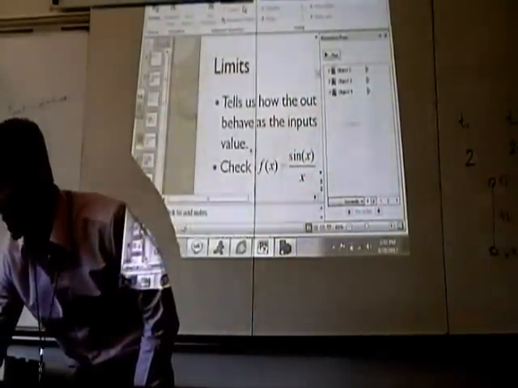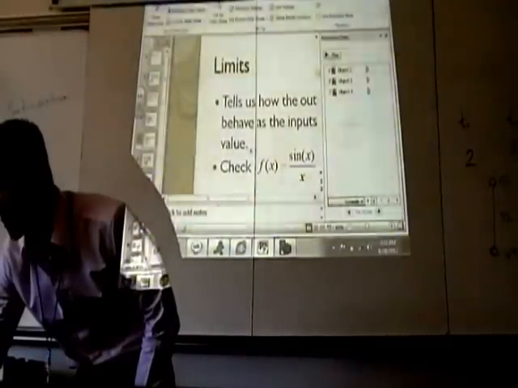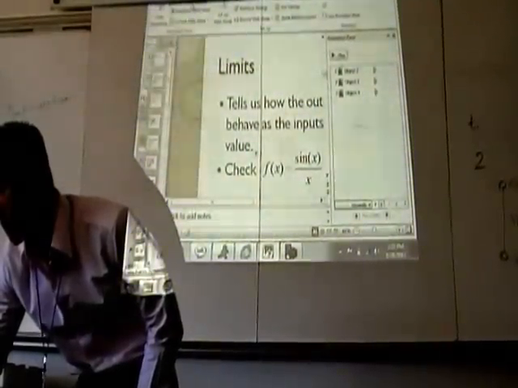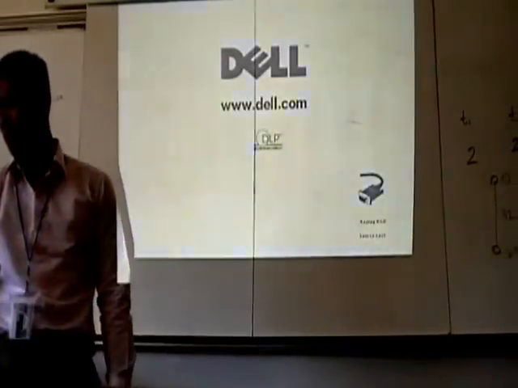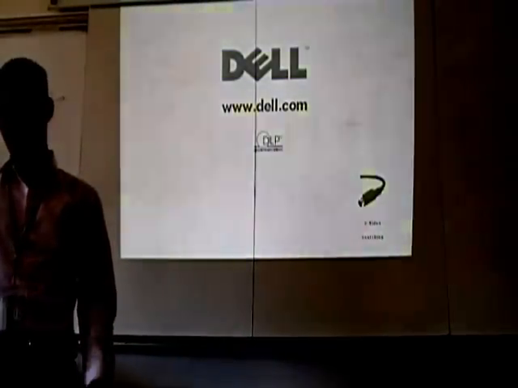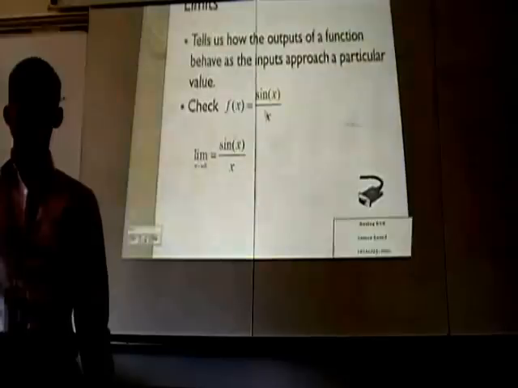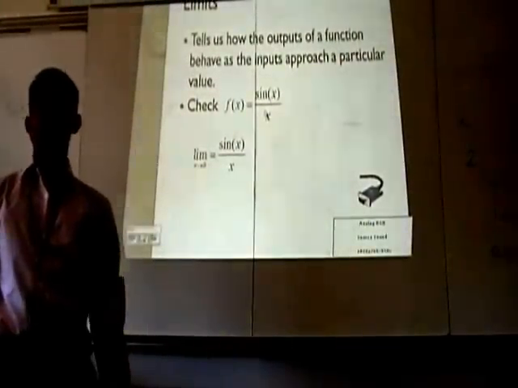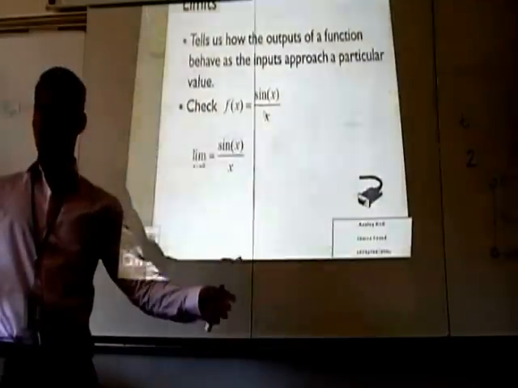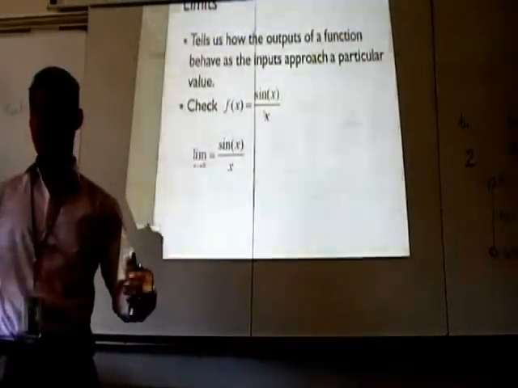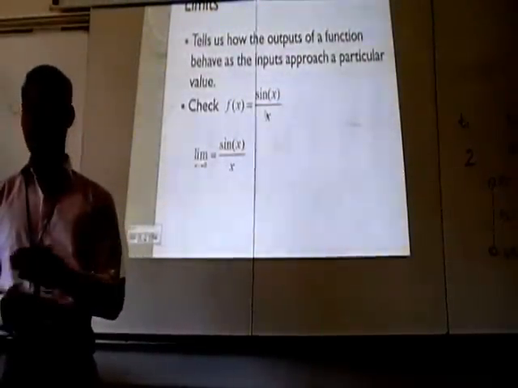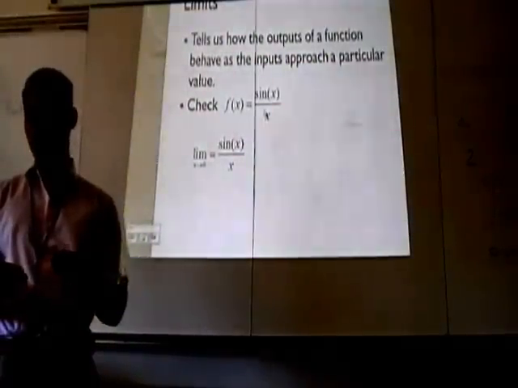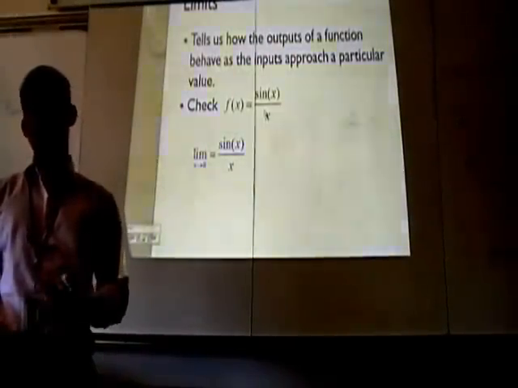So we say that, and this is how it's going to be written, the limit as x approaches 0. So basically, if you're looking along the x-axis, as it goes closer and closer to 0 from both sides, from the positive side and from the negative side, what number does it get closer and closer to?